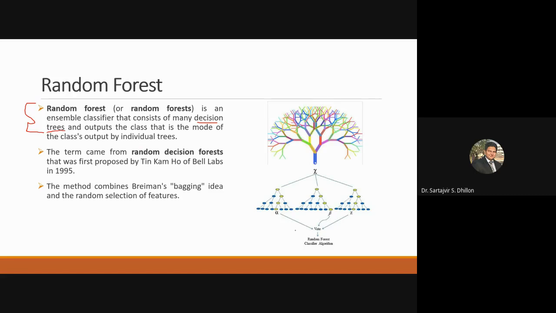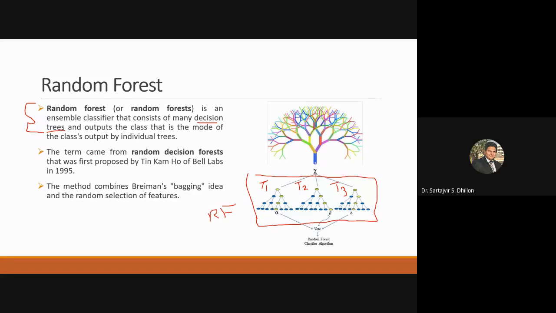Here this one is tree 1, or you can say a decision tree, this one is decision tree 2, and this one is decision tree 3. The collection of all these three is actually referred to as a random forest. Hopefully you are able to get my point.